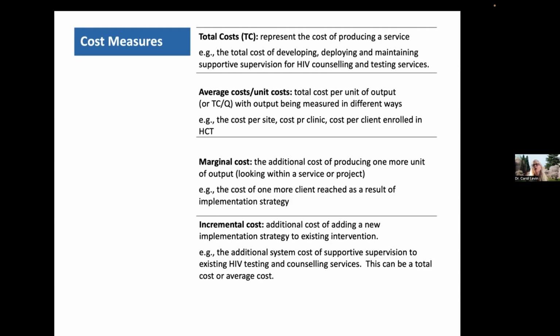So if I'm currently screening and testing for HIV, what is the cost of reaching one more client? Now, this is a very different concept than incremental cost, and incremental is very relevant to implementation science. Why? Because it's the cost of adding a new strategy to an existing intervention.